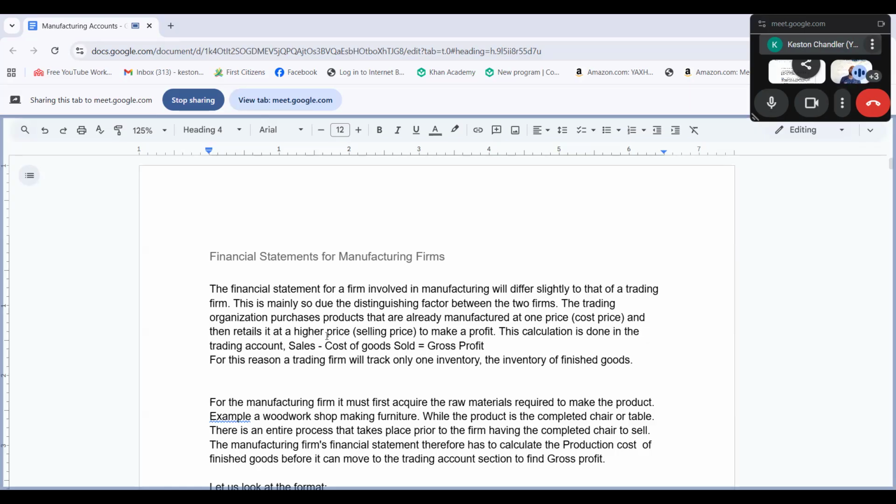Take, for example, let's say that I am a sole trader and I am into clothes and sneakers. I am not making the clothes and sneakers. I have an outlet that I will go to and I will purchase the clothes and the sneakers in bulk and I'll bring it back and I will retail it. So I will buy it at one price and then I will apply a markup to it, right?